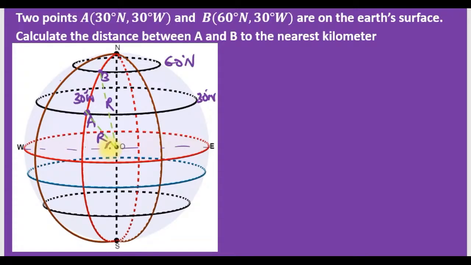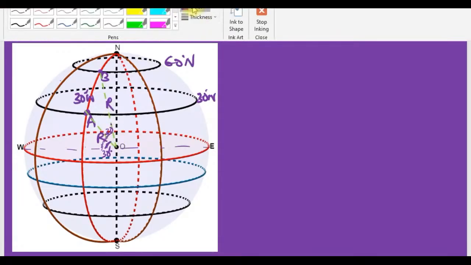That's how we moved 30. From here to here is 60. Since here is 30, the remaining should be 30 to make it 60, so 30 plus 30 is 60. Do you see the logic?